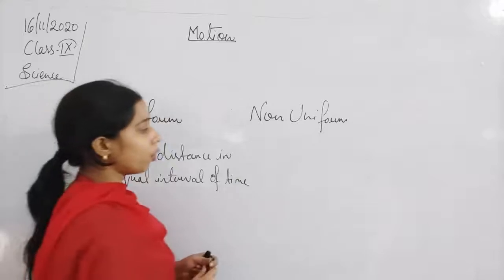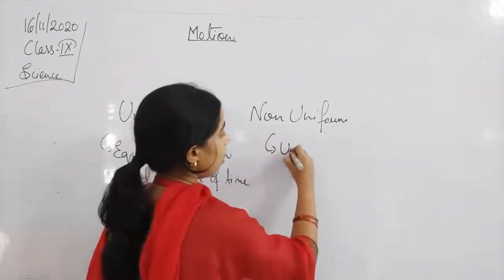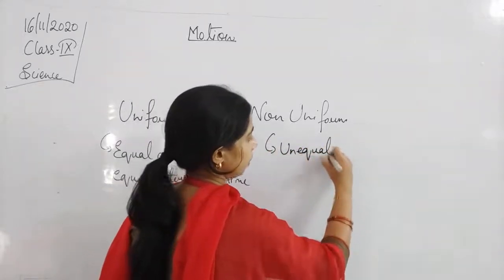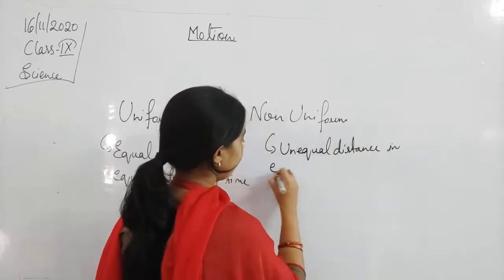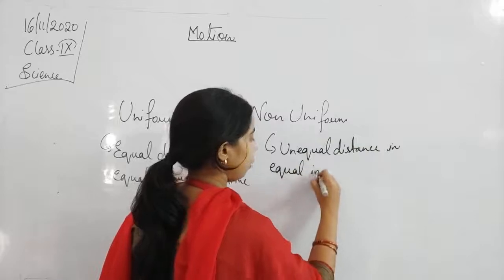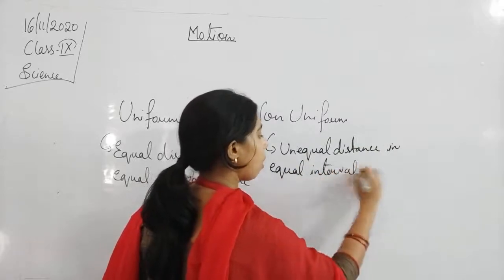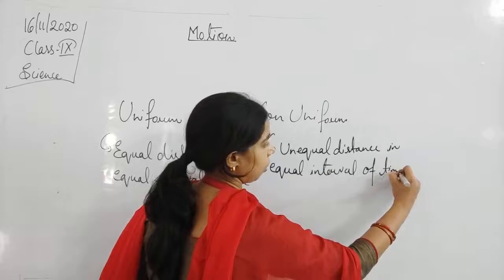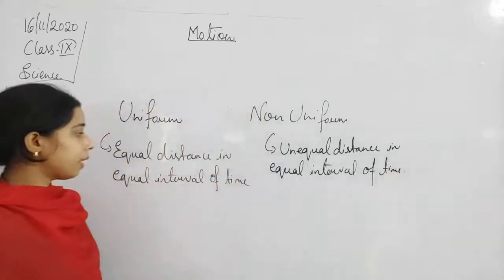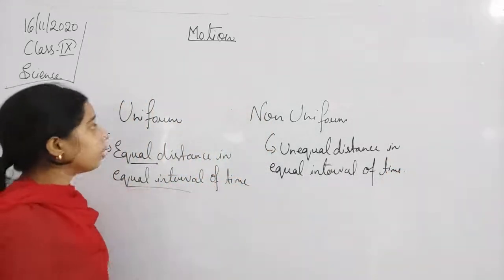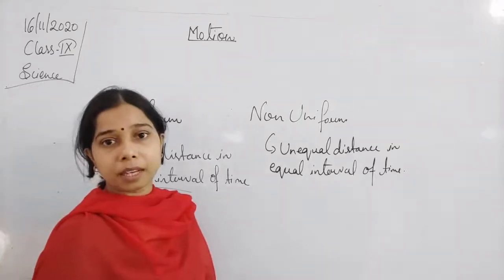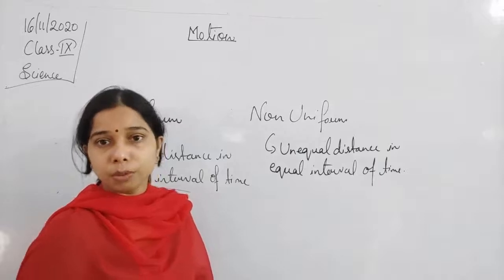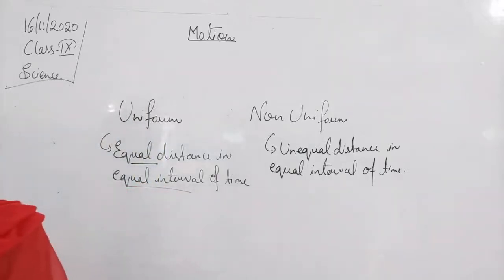And in case of non-uniform, we can say unequal distance in equal interval of time. So equal distance in equal interval is uniform motion, and unequal distance in equal interval of time is non-uniform motion. These are the two types of motion that we had studied.